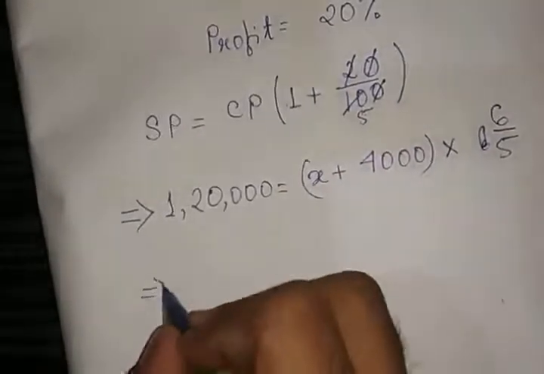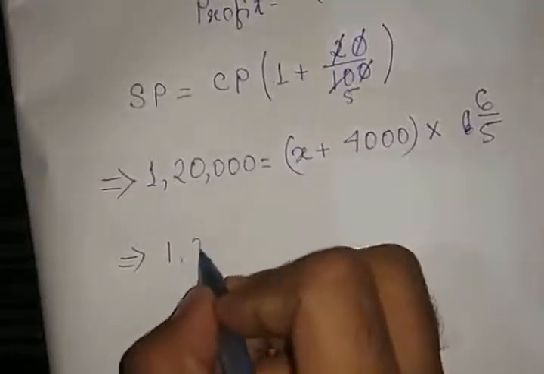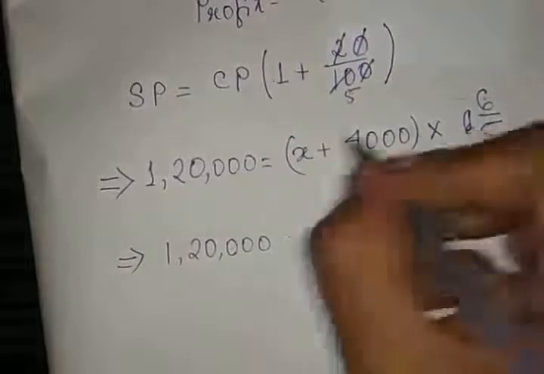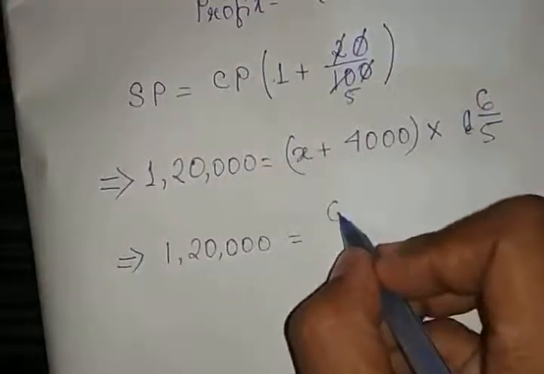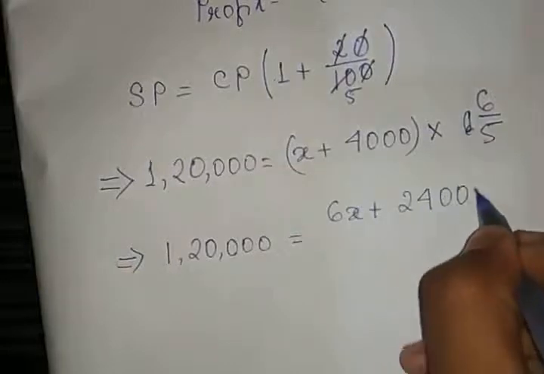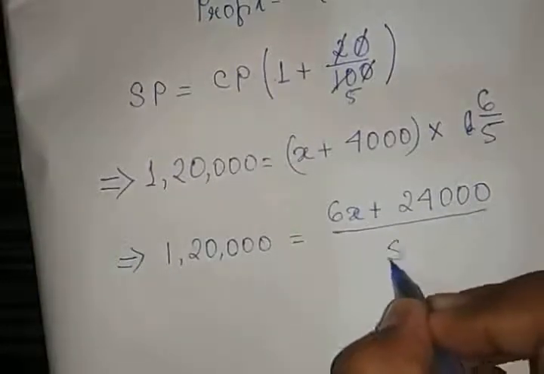Then if we multiply this, we will get 1,20,000 is equal to 6 into x, it will be 6x plus 6 4s are 24,000 by 5.